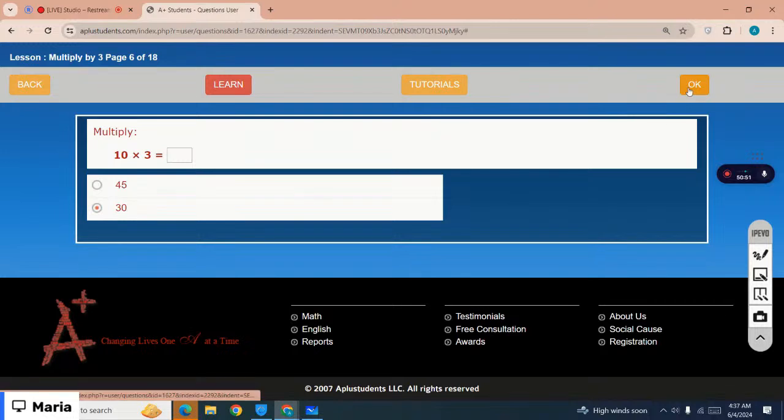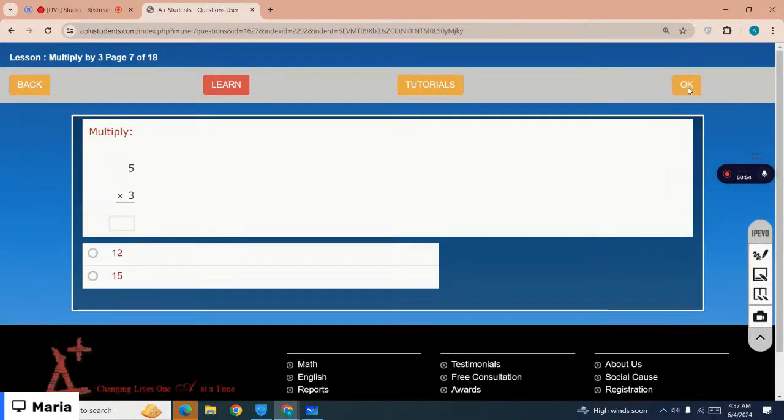The correct option is 30. 3 times 5, which is the correct option? 15 it is. The correct option is 15.